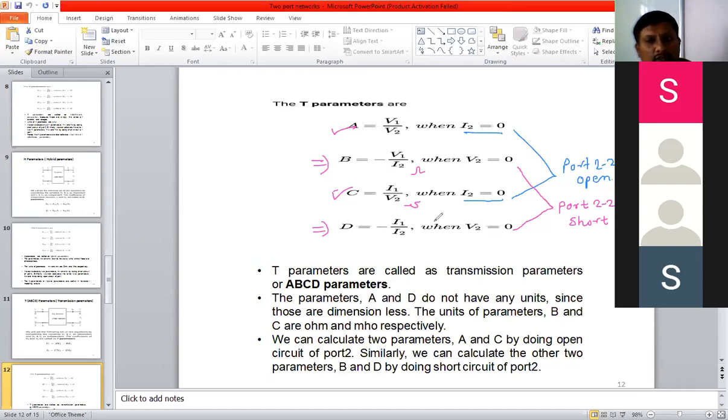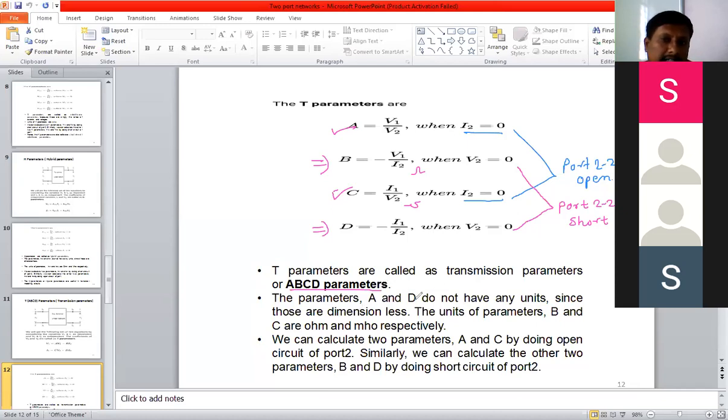Actually this is also called hybrid, but here we are going to use the ABCD parameters specially related to transmission. That's why these are called transmission parameters. So T parameters are also called ABCD parameters. Sometimes you will get a question like, determine the ABCD parameters of the given network. Determine the transmission parameters, ABCD parameters, these are the words they are going to use in the questions.